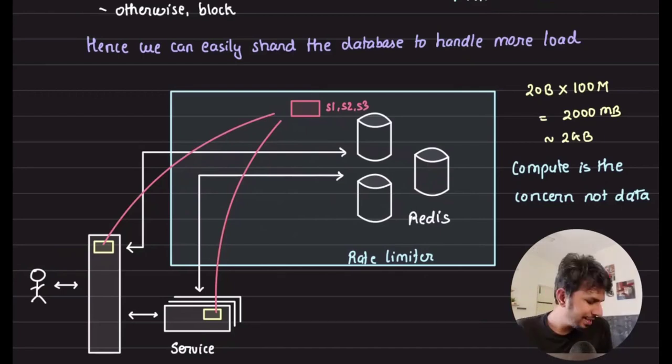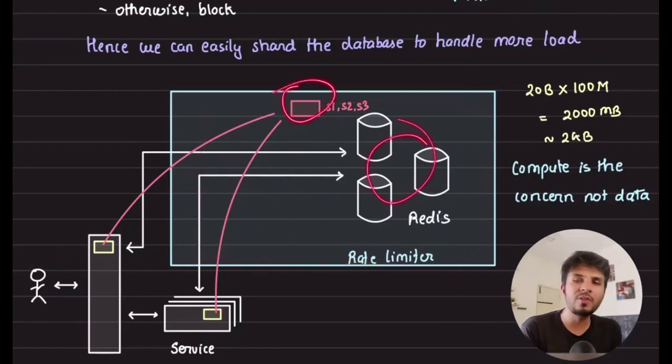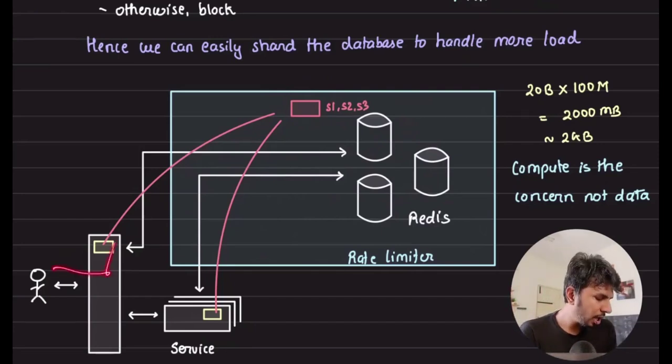Here what we are doing is we don't require a service, just a small database and a small configuration file does the job, right? Extremely realistic system design, right? This is how you would rate limit. So upon every request, you are always doing count plus plus in the Redis database that you have.